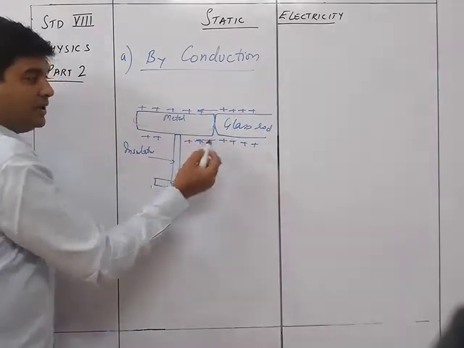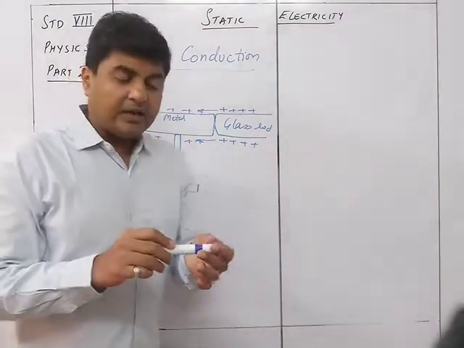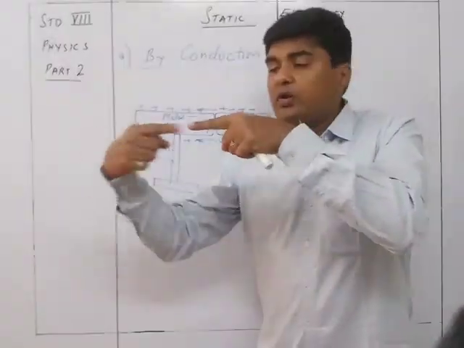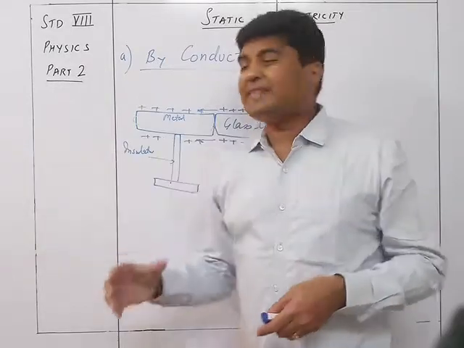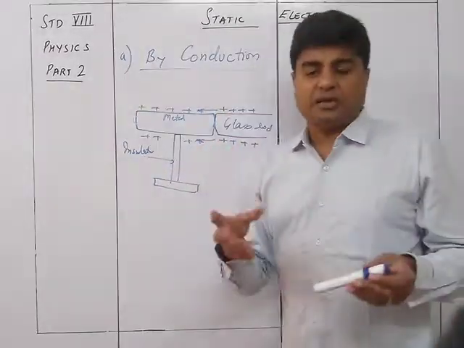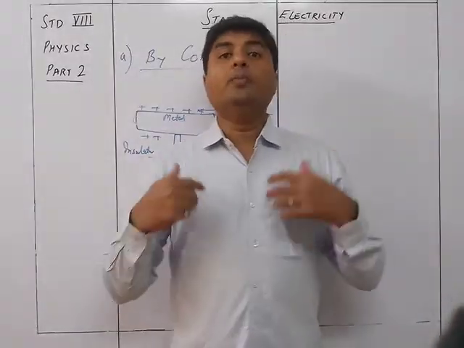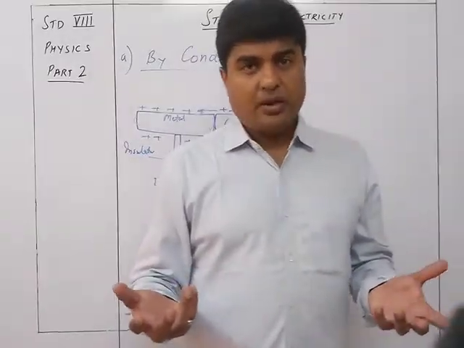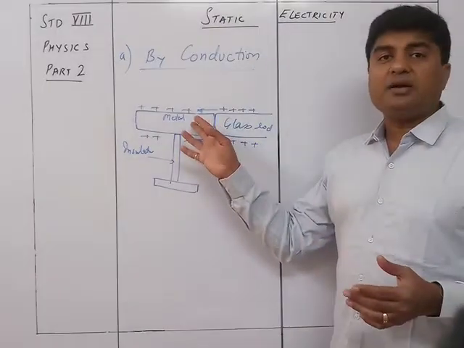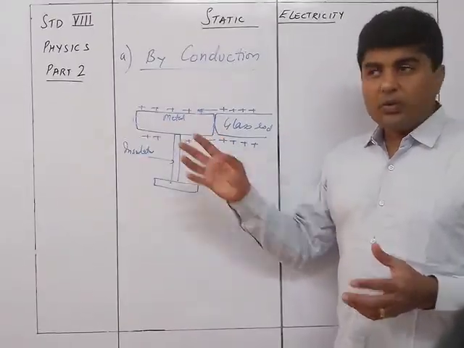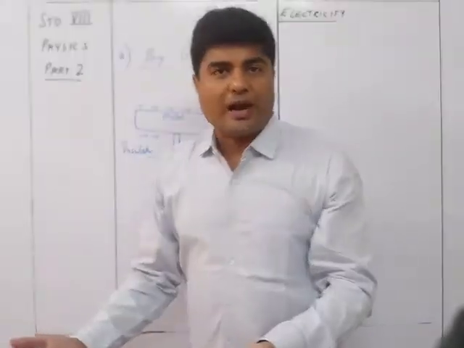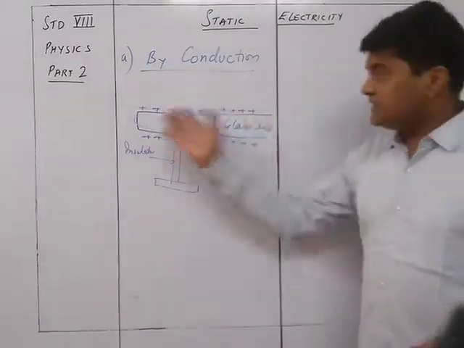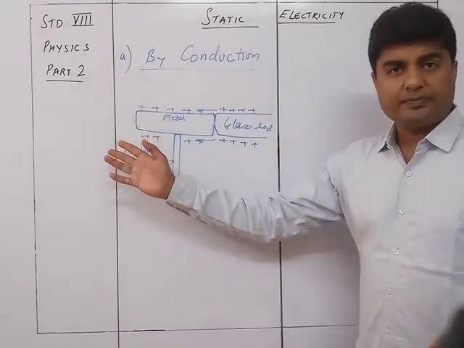As soon as I touched over here, whatever charge was present here was immediately transferred to the other. This charge was just too ready to move, but it could not move because it was on an insulator. As soon as it came in contact with the good conductor, it was just too eager to run to that particular place, and hence this charge is moving on this side.